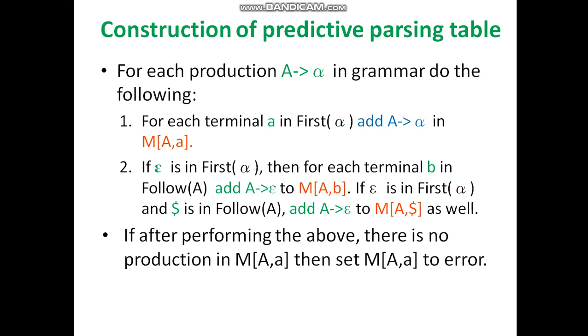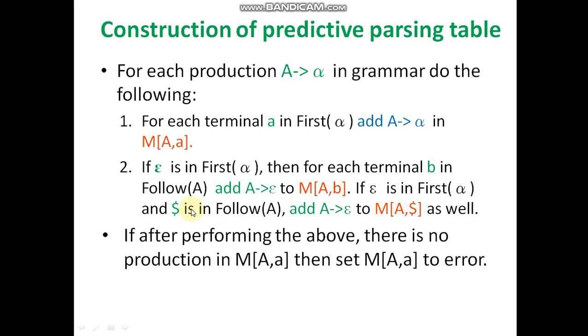Here b is nothing but the terminal symbols in the follow of A. So in the corresponding columns of small b, we can add the given production A gives epsilon, but provided that epsilon is in the first of alpha. It means alpha should derive epsilon. Then only we add the A gives epsilon production in the capital A row and small b column.